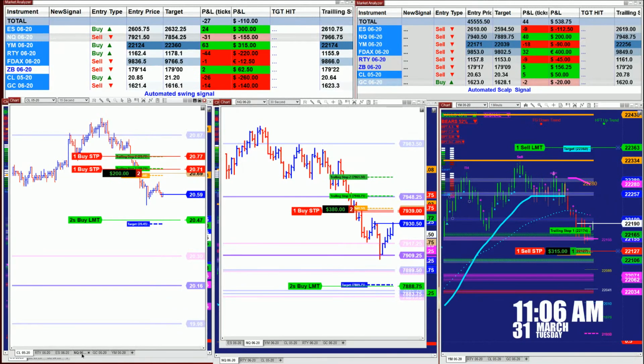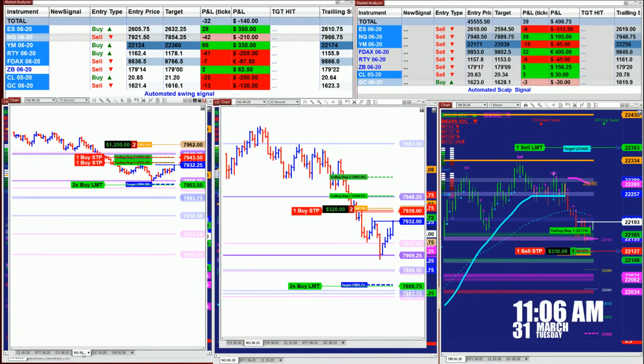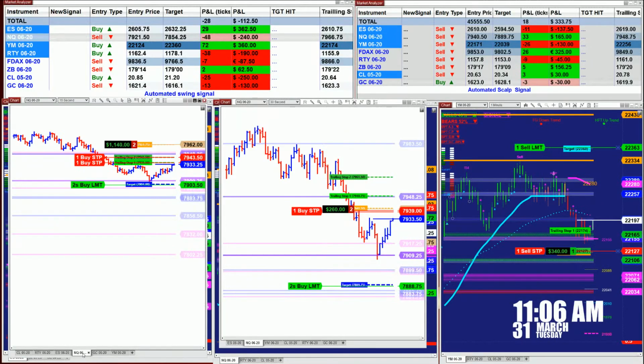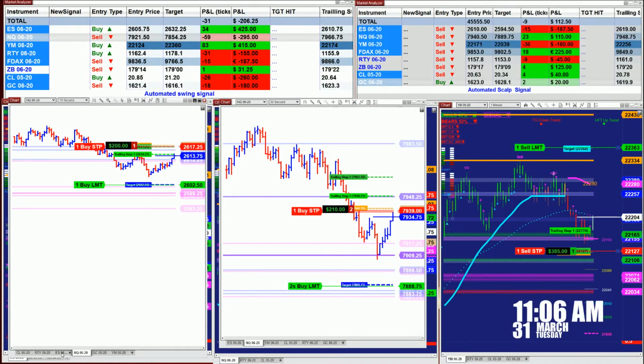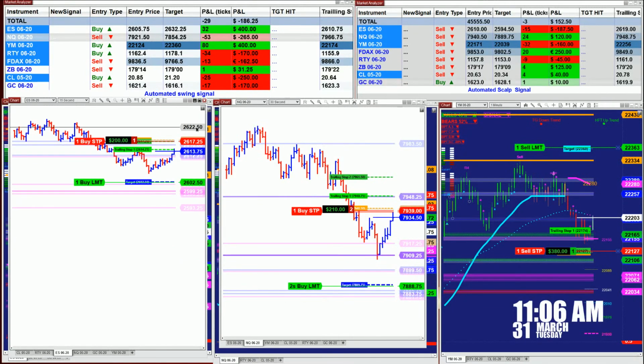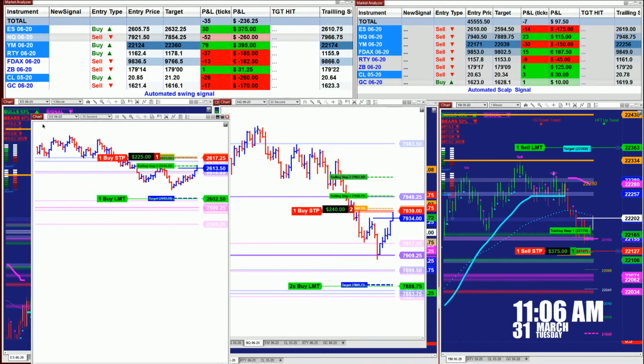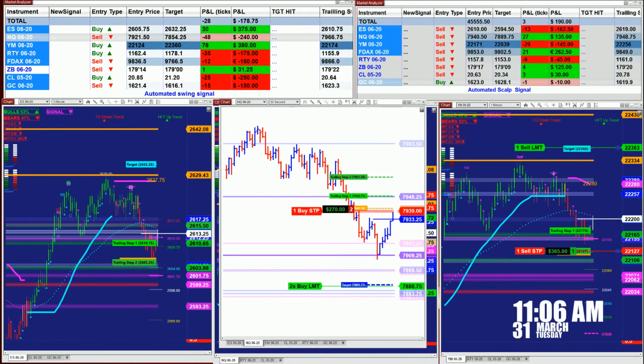Let's look at the Nasdaq. It's about to close position. All the same, let's look at the ES. Also about to close position. The party is over. Okay. Let's see if we are going to close that last trade.